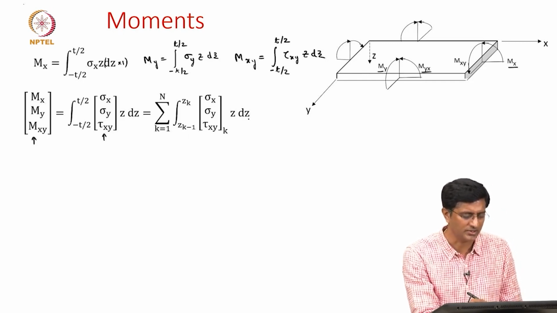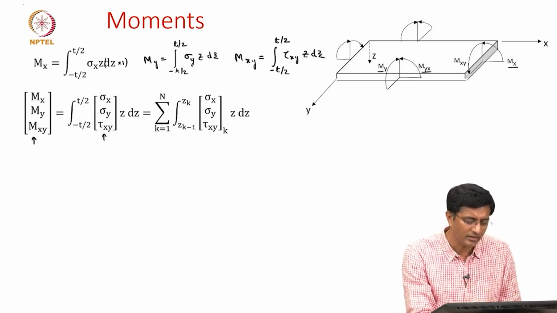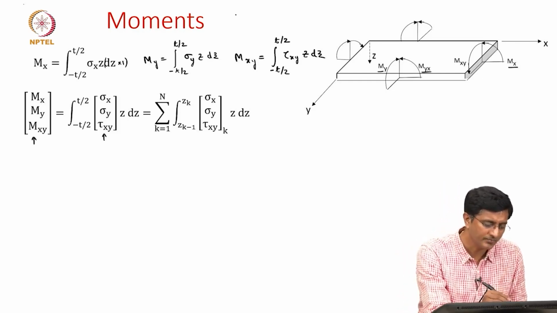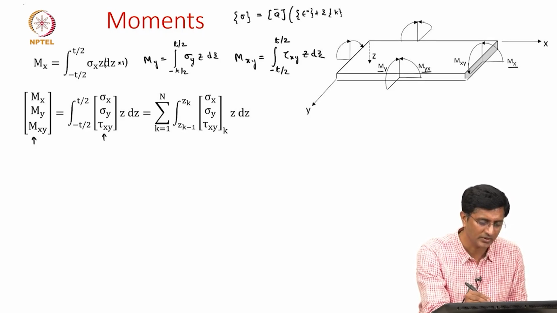So once we have it, now we will again recall that stress is written in terms of the transformed stiffness matrix Q bar times the mid surface strains epsilon naught plus z times the curvature vector.